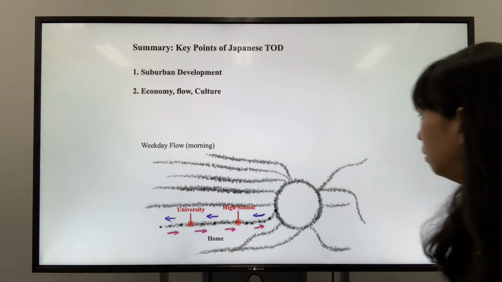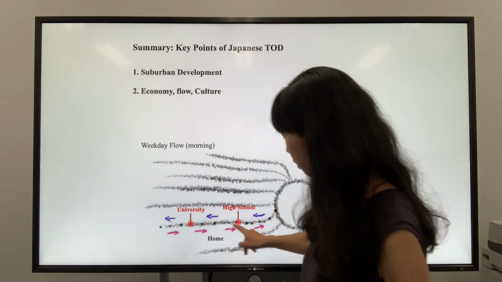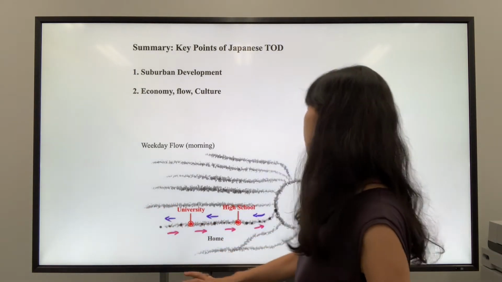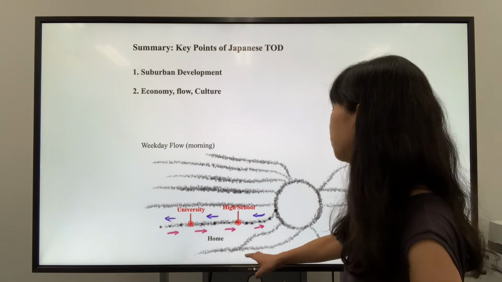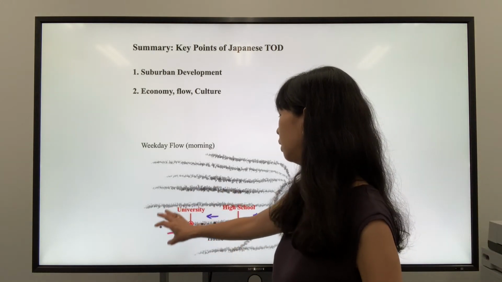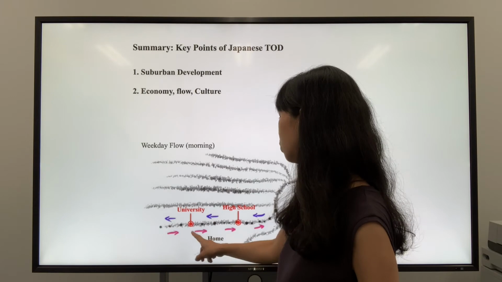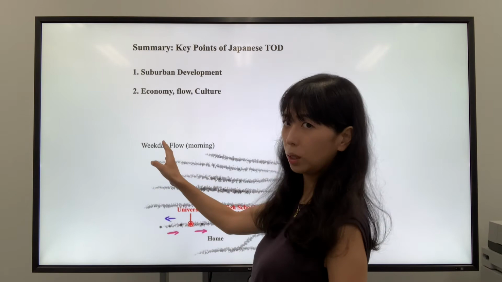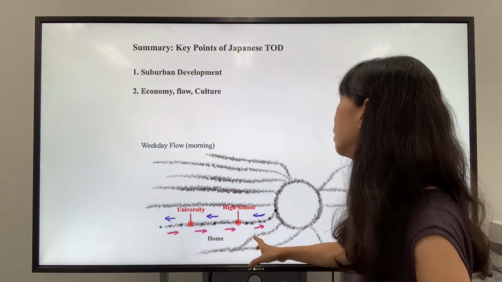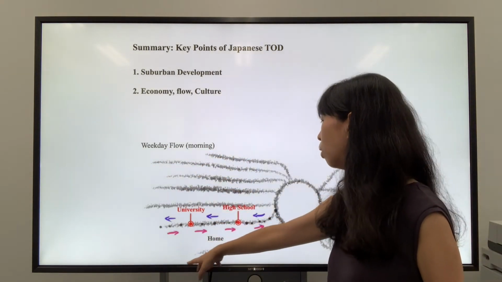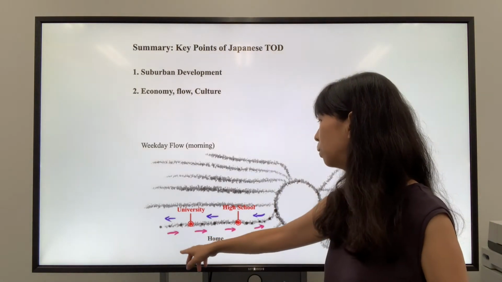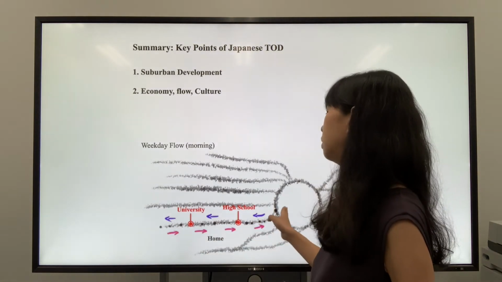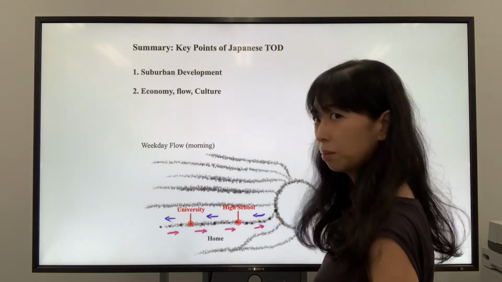What I mean by this is that you have the transit corridor and the residential area that are developed towards the suburbs, and here you will have homes, and it will create a flow towards the city center during maybe the weekday in the morning and afternoon, where people will commute from the residential area and take the train towards the city center to go to somewhere else.